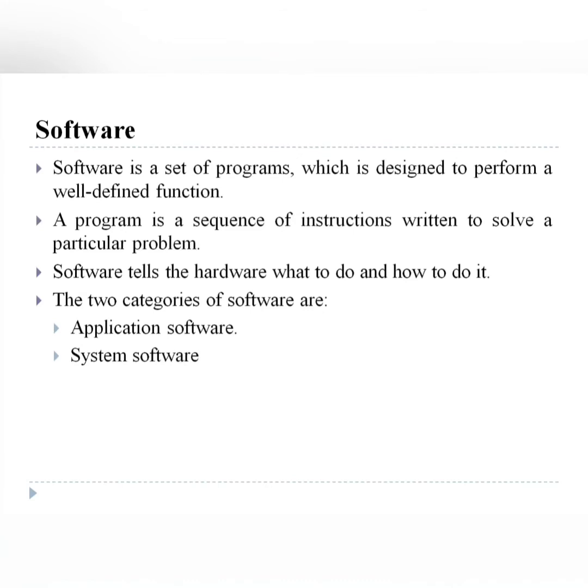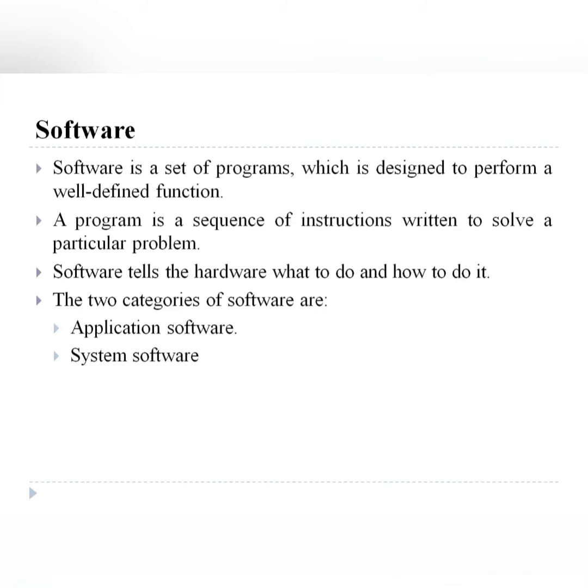Hardware cannot work by itself. So to make the hardware work, we need to give some instructions. This set of instructions, we call software. Software is a set of instructions or set of programs which tells the hardware what to do and how to do it.